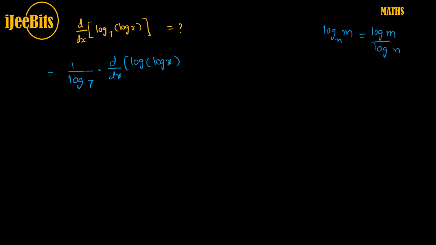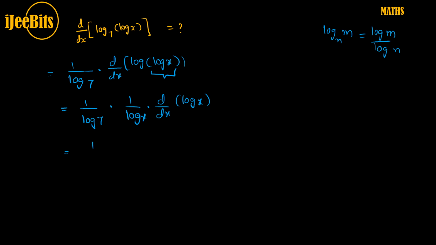So what is the differentiation for the log x? 1 by x. That's why I am not disturbing this, whereas here I can use it as 1 by log x. Since it is not just log x, I will differentiate this also until I reach x, right? So log x becomes again 1 by x.